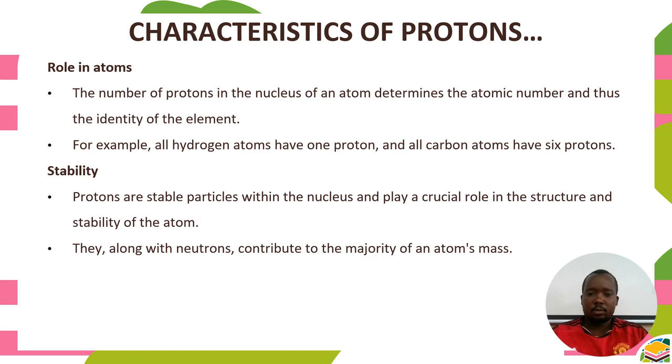For example, all hydrogen atoms have 1 proton, and all carbon atoms have 6 protons. So as you can see, the identity of a hydrogen atom is that it has 1 proton, and the identity of carbon is that it has 6 protons.